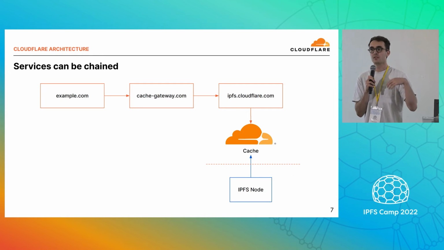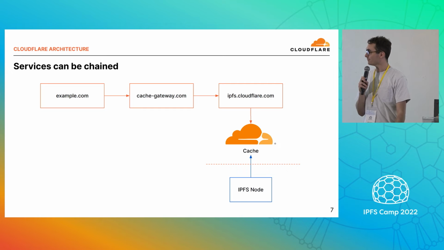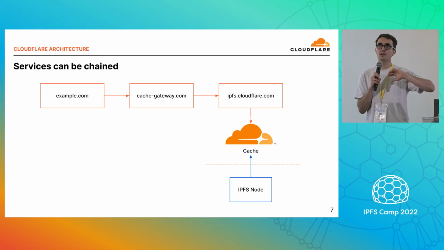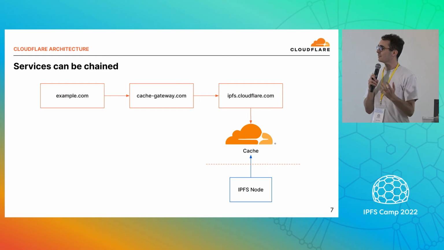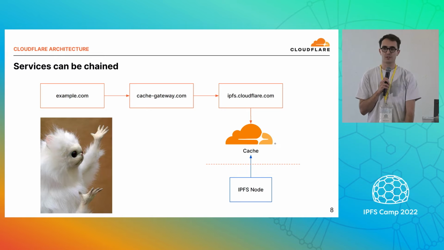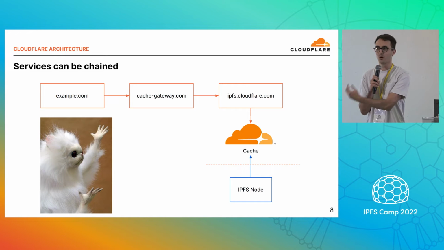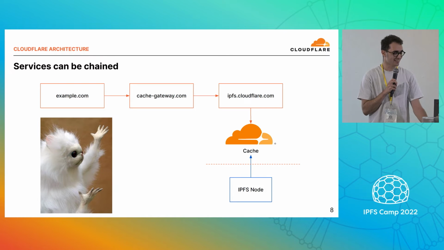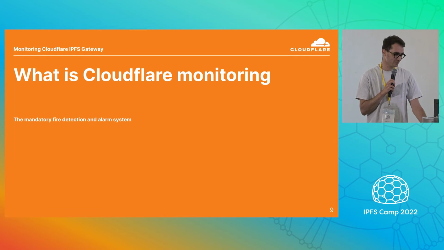You can have a raw domain, like ipfs.cloudflare.com, which would access the content, but then you might want a cache on top, and then another customer on top, and then other CNAMEs. Being able to have a view through all these different steps is tricky, and trying to make sense of this mess leads to a lot of debugging and headaches.